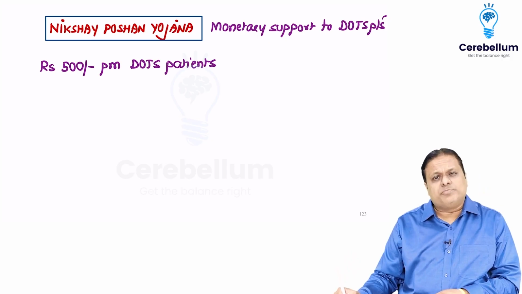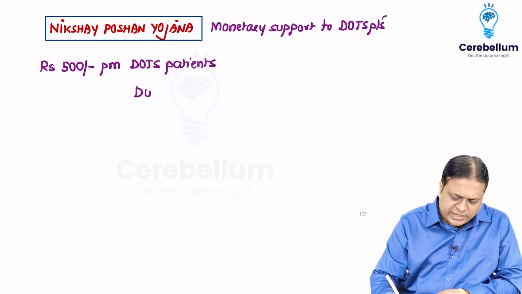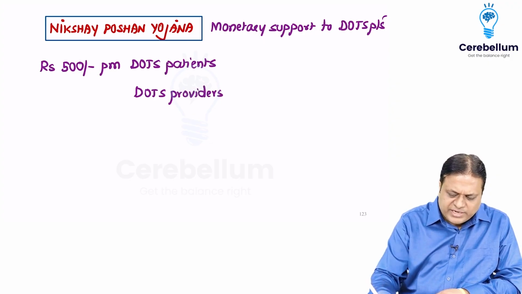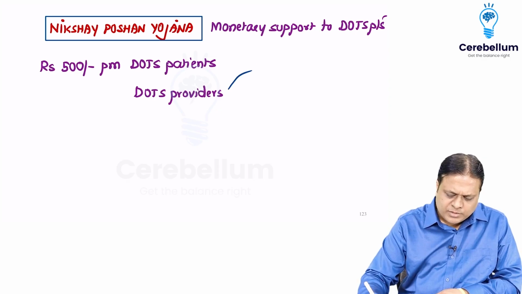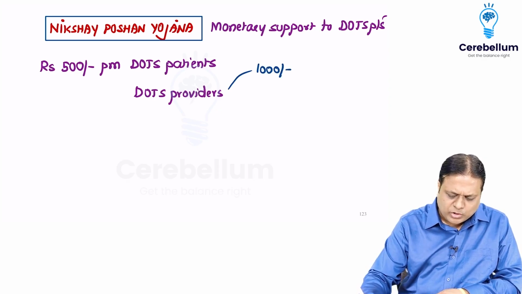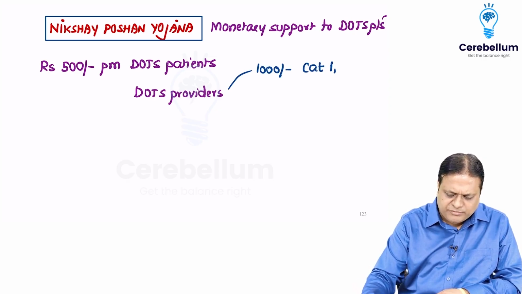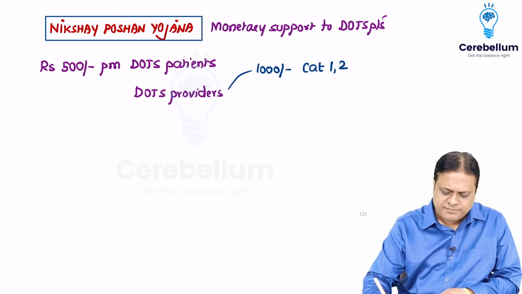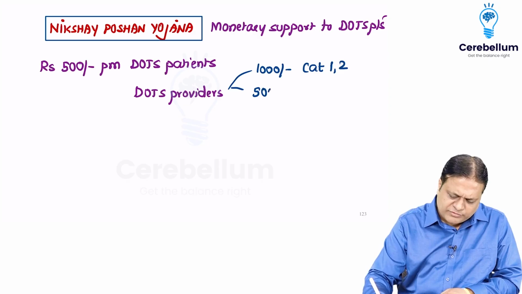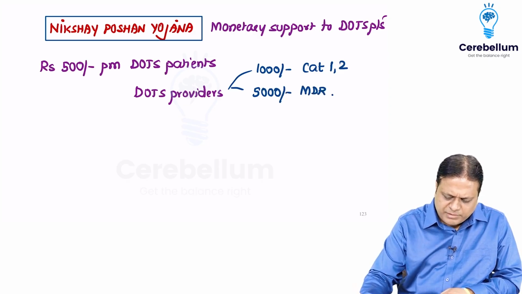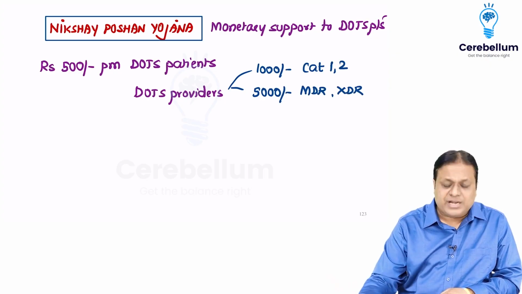And not just DOTS patients, DOTS providers also get this. DOTS providers get rupees 1000 on completion of category 1 or 2 treatment by the patient and rupees 5000 on completion of treatment of MDR or XDR TB.